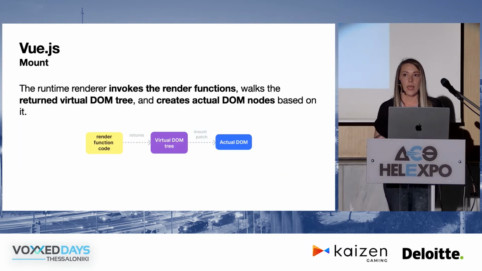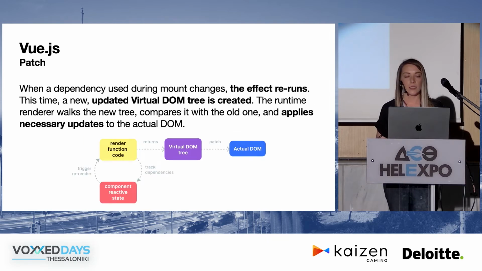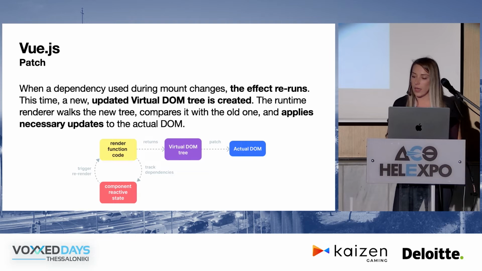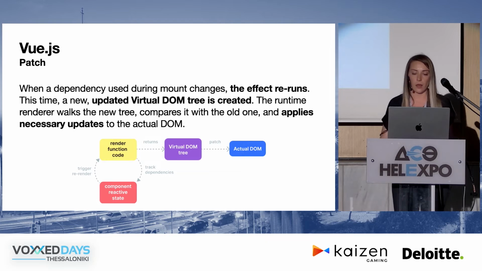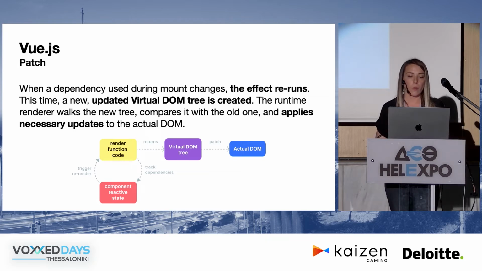One more thing is how this virtual DOM is mounted into the real DOM. When the render functions are invoked, they create the DOM nodes that are needed based on our code, and these are mounted into the actual DOM. But in many cases we may have reactive dependencies, and we want to show the updates on the DOM when things change.